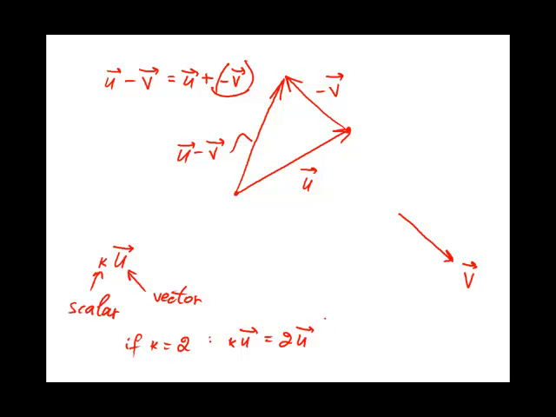The vector 2u has the same direction as u, but twice as long as u. So this was vector u, okay? Vector 2u will be twice as long and has the same direction.